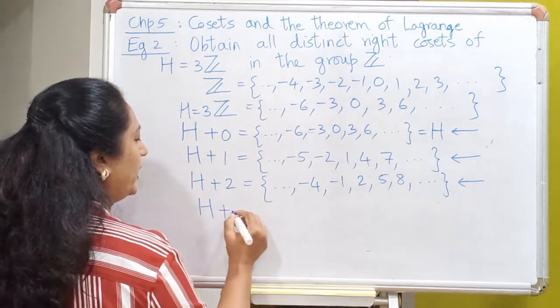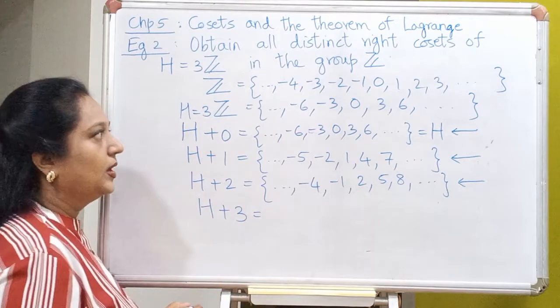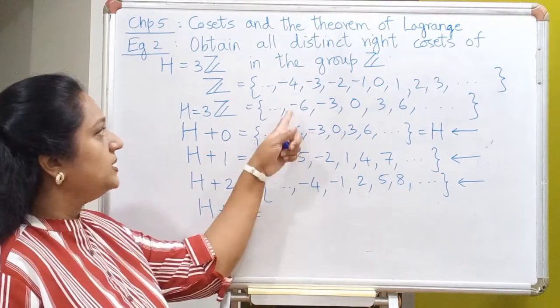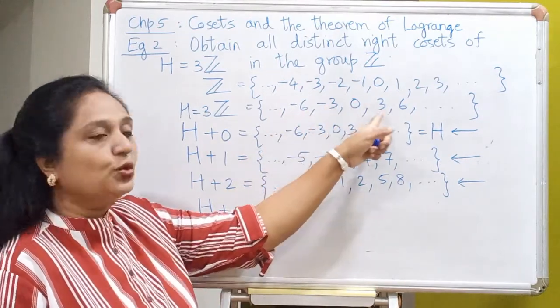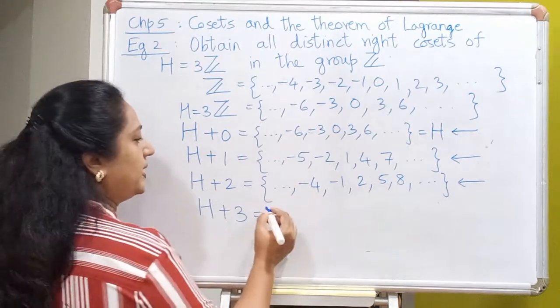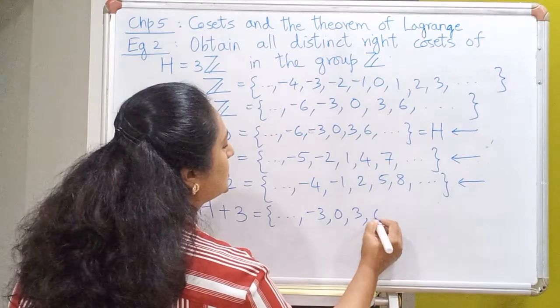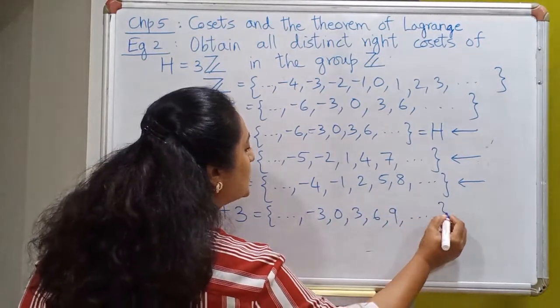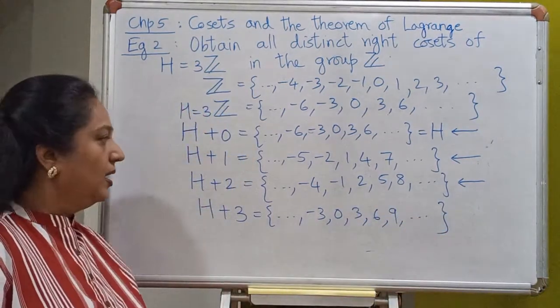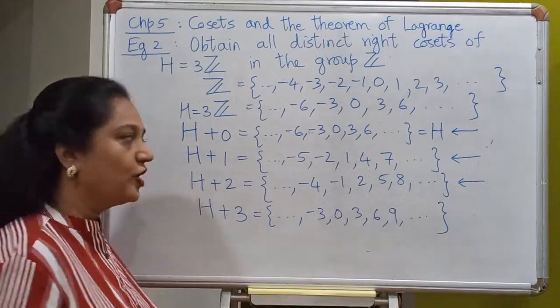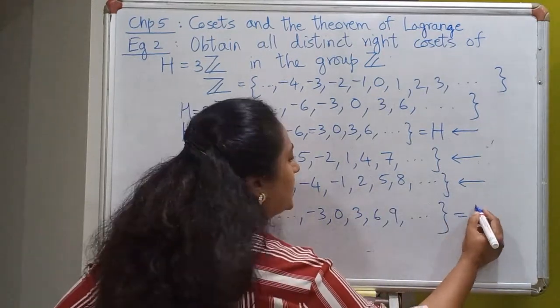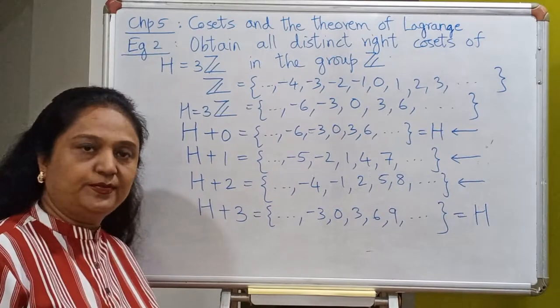Also, if I look at H plus 3, that means I add 3 to every element in this set. I'll get minus 3, 0, 3, 6, 9 and so on, which is essentially the set of all multiples of 3. So this is once again the same as H.